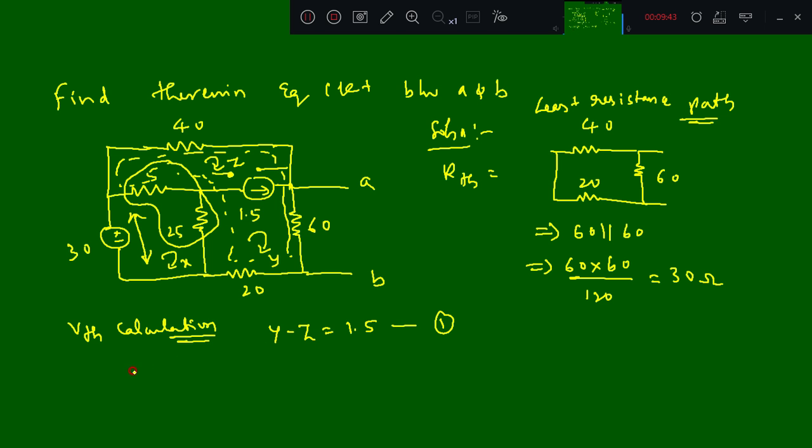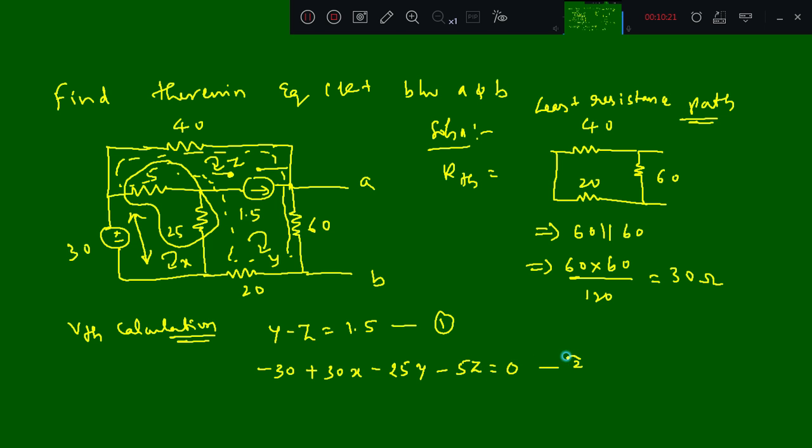Then the second equation, for X: minus 30 plus 25 plus 5, that is 30x, then minus 25y, minus 5z. This is equal to 0.